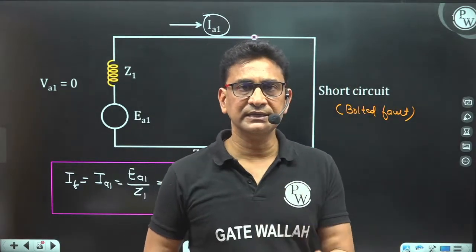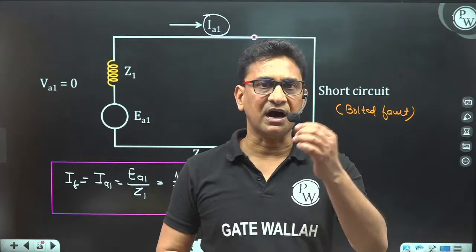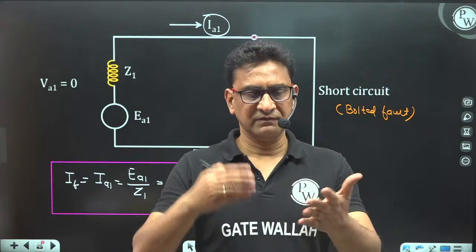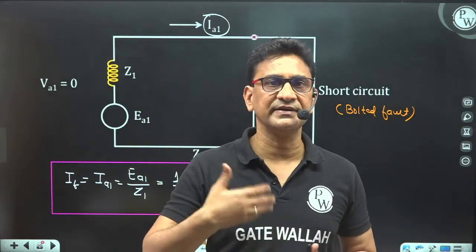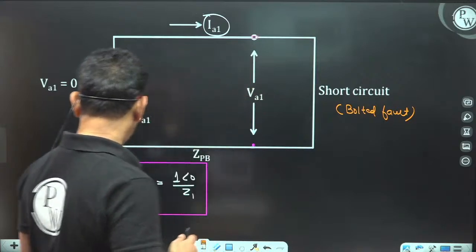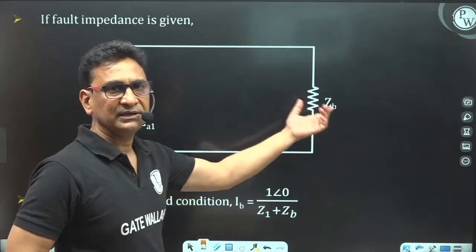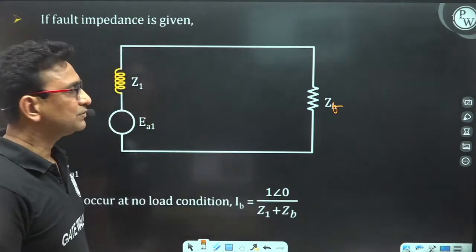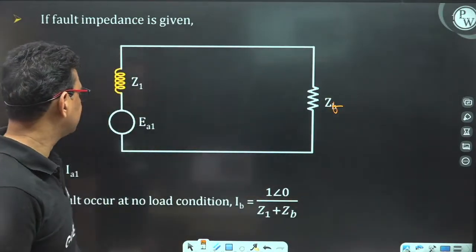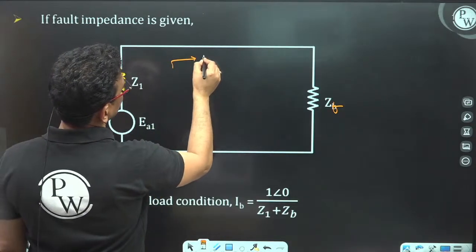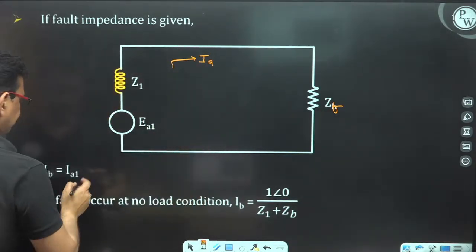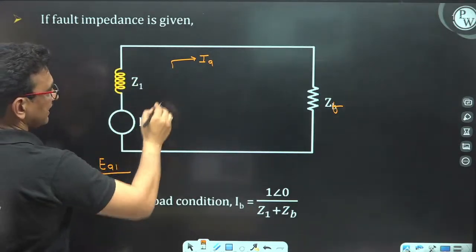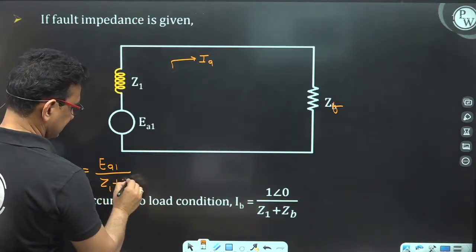If the fault has some impedance, because whenever an arc is created, suppose a triple line to ground fault occurs, that means whenever the short circuit is occurring, there is an arc. The arc has its own resistance. That means the fault has some resistance or impedance. No doubt, mostly the fault impedance is resistive in nature only. So whenever the fault has some impedance, in this case, the value of fault current is EA1 divided by Z1 plus ZF.